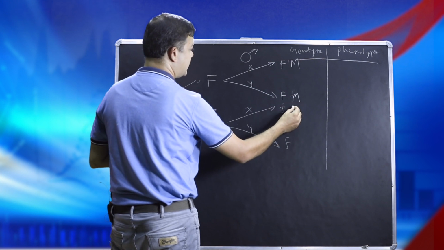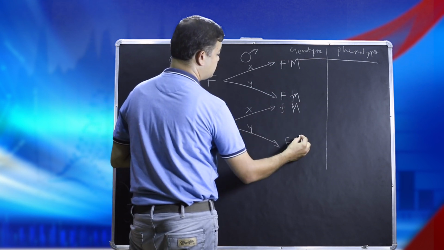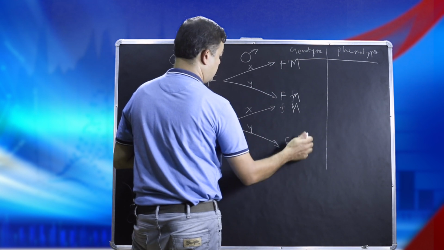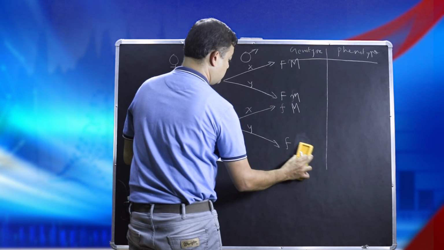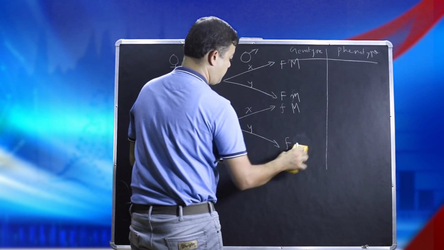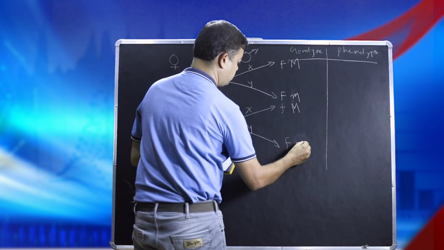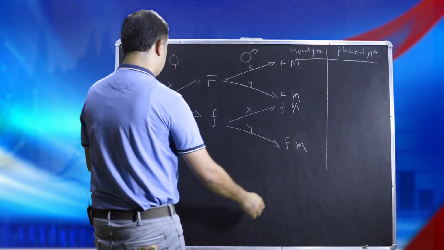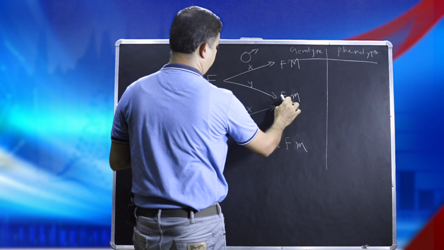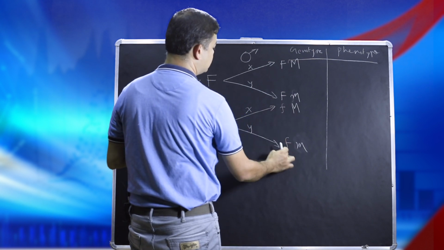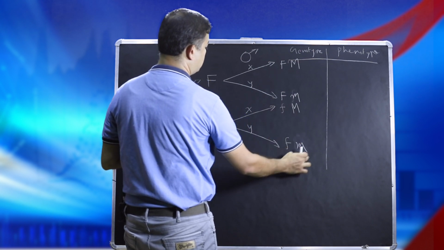Again the male alleles can be capital M or small m, right? So let me put this into small m once again. These are nothing but the genotypes: FM, FM, FM, FM. So here it is double recessive or heterozygous recessive.